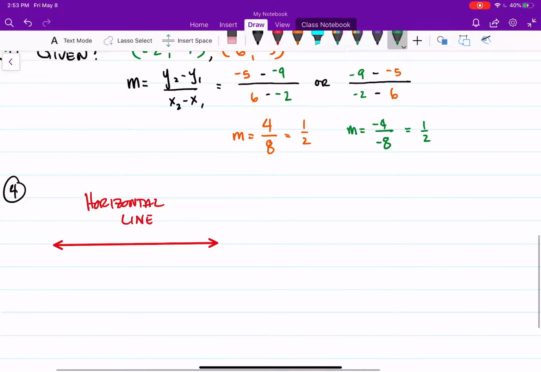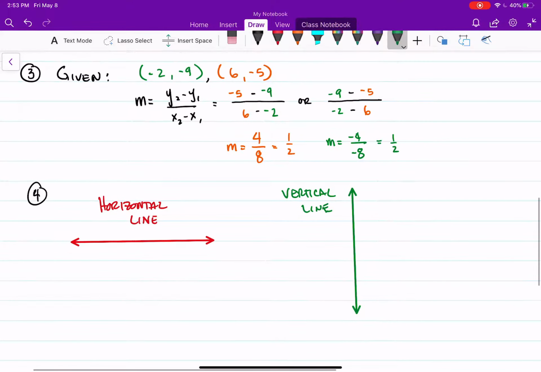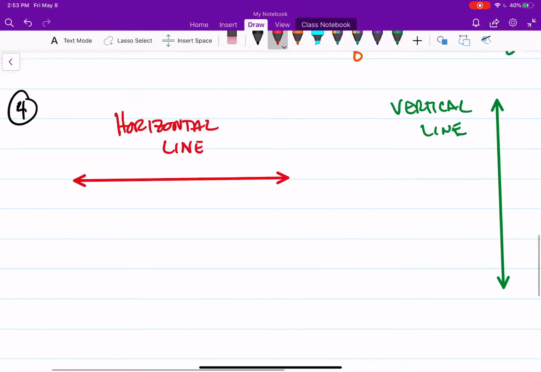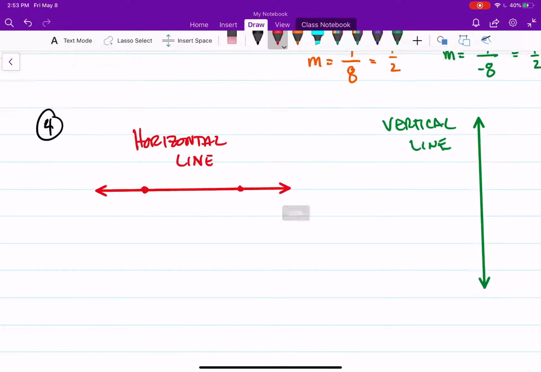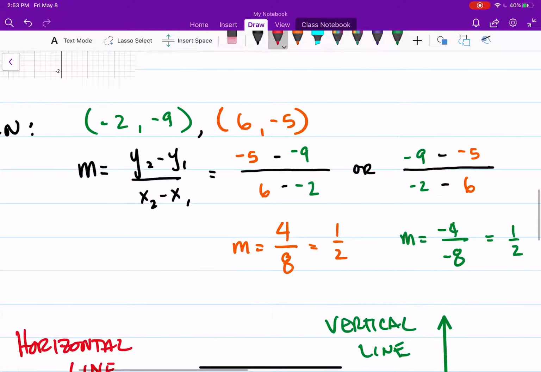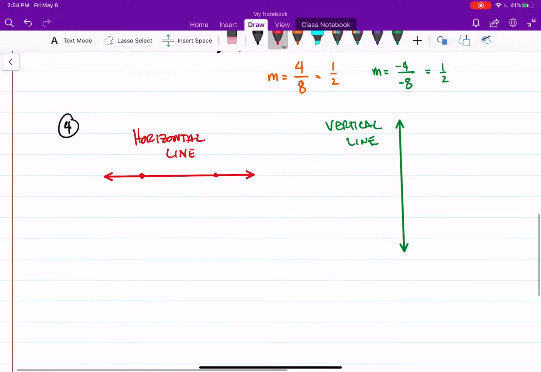And then let's draw the vertical line. Okay, so the way I look at the slope of these is you're certainly welcome to pick 2 points if this was on graph paper, right? And then do the change in y over the change in x. You're welcome to do that.